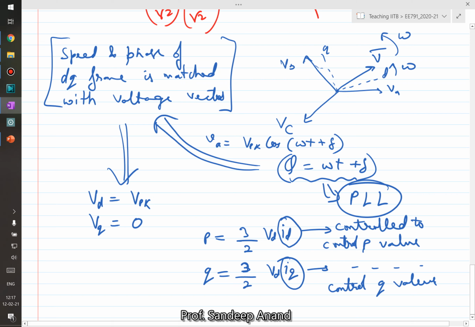So if you manipulate Iq, you can directly change reactive power without affecting the real power. If you manipulate Id, you can change the active power without affecting the instantaneous reactive power. So that is a special case. These are the special case formulations if the rotating frame is locked such that the d-axis coincides with the resultant voltage vector. This is something which gets utilized when we talk about the solar inverter control in the subsequent videos.